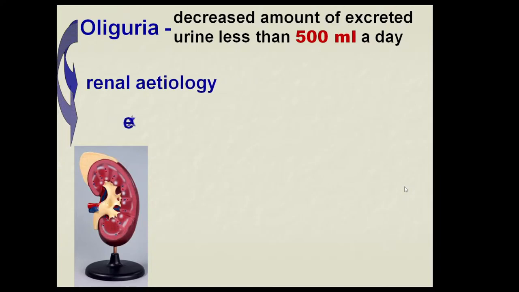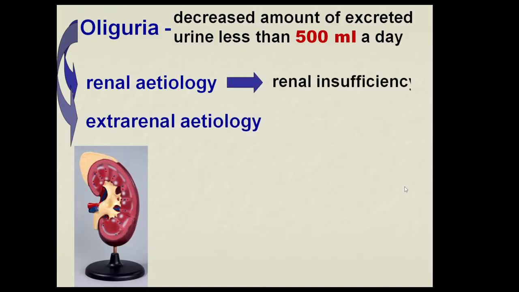Renal etiology of oliguria is the result of renal insufficiency, a problem in primary filtration of urine. We'll find a problem in the glomeruli.